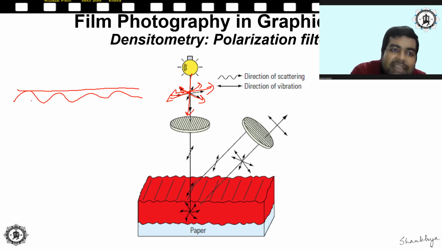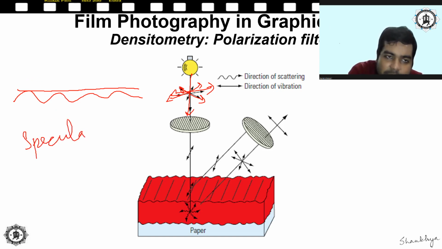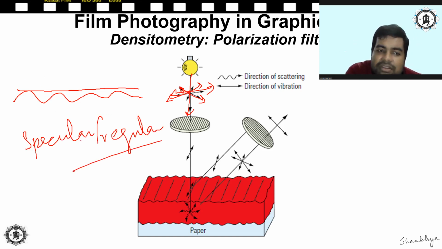Now consider, if you throw some light on this ink surface, what type of reflection will we get? We will get specular reflection, or regular reflection. Specular reflection means light will get reflected in only a single direction.